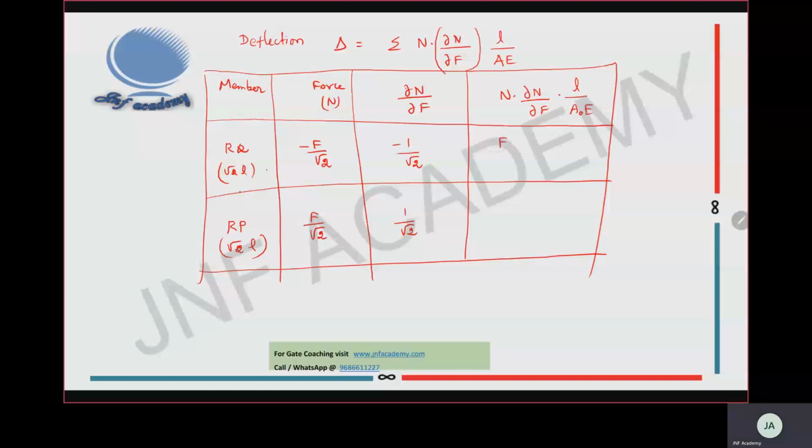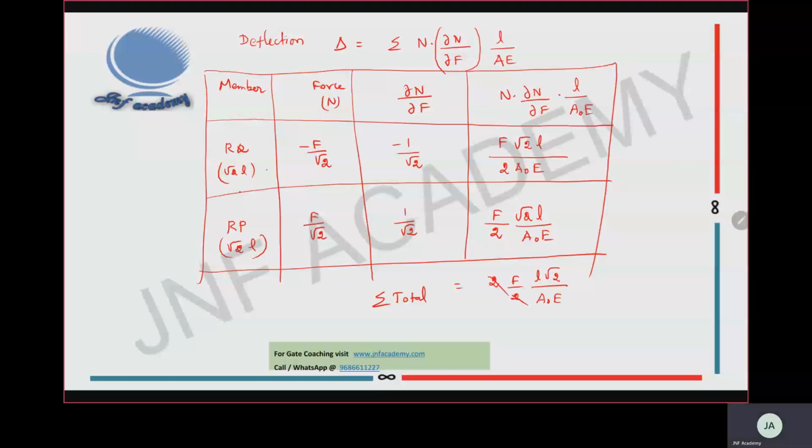F divided by 2, root 2 L divided by A naught and E. Okay. Similarly, here F by 2, root 2 L is the member length divided by A naught into E. Now I'll have to find out the total value. 2 times of F by 2 L root 2 by A naught E. 2 cancel.